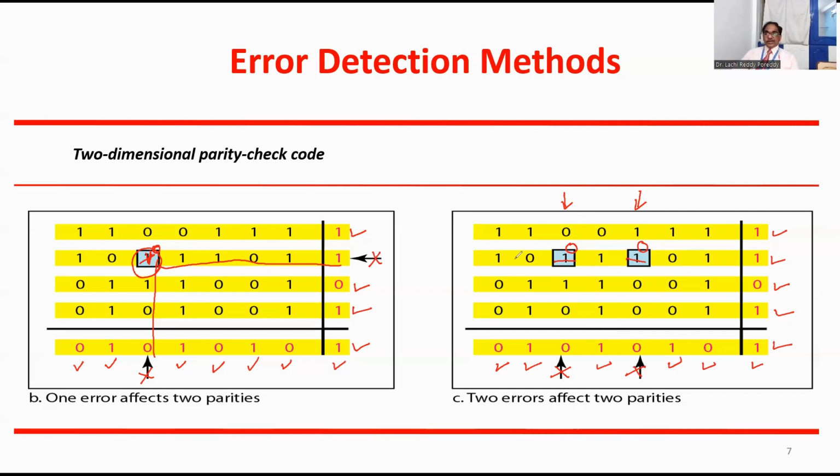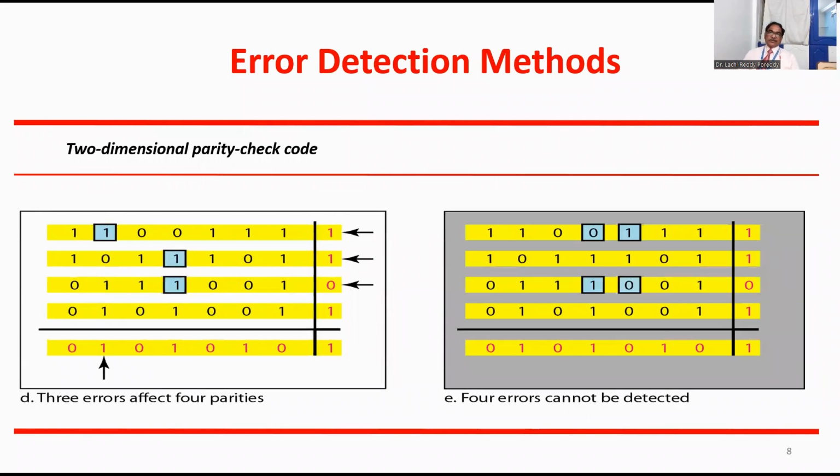So we cannot identify the location, but we can identify that there are errors. So this is how we can identify multiple errors, but cannot identify the location of the errors. That is one. Then we'll see another example.